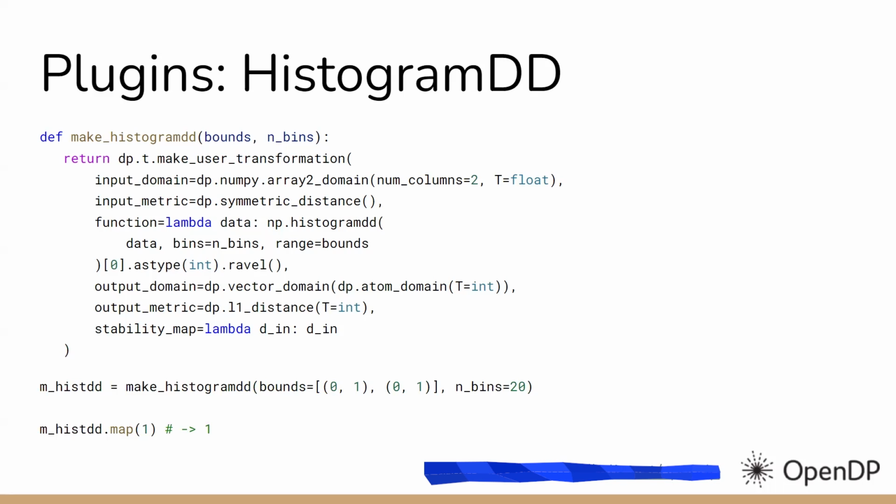If I know that I can add or remove at most one row from the input data, then the L1 sensitivity of the resulting vector is 1, based on the promises made by the stability map. And then the computation can be run.